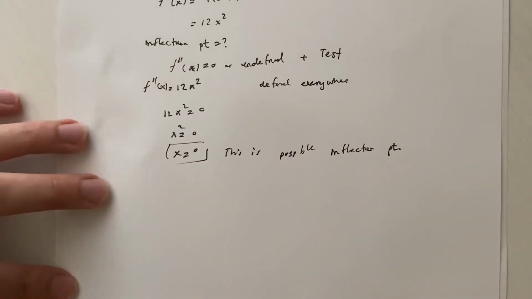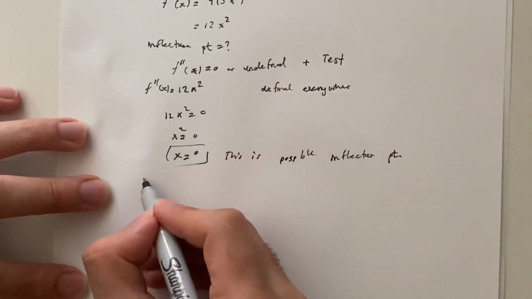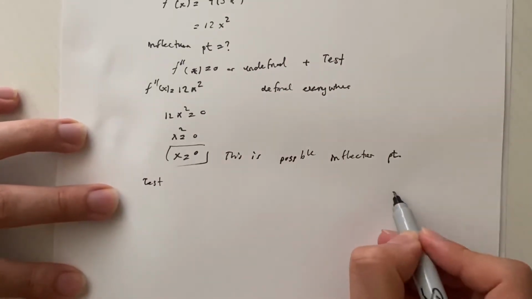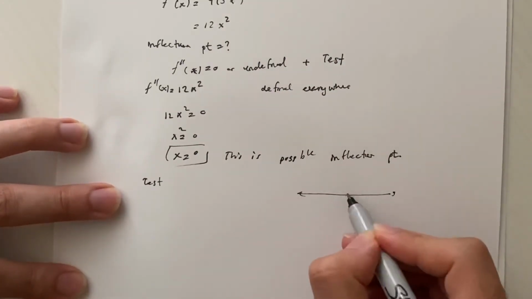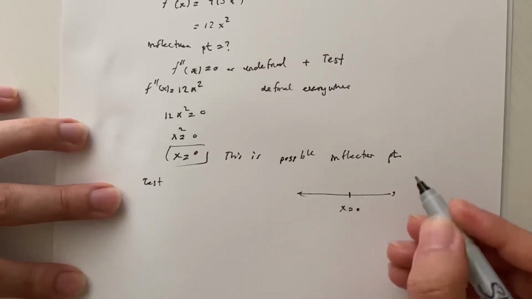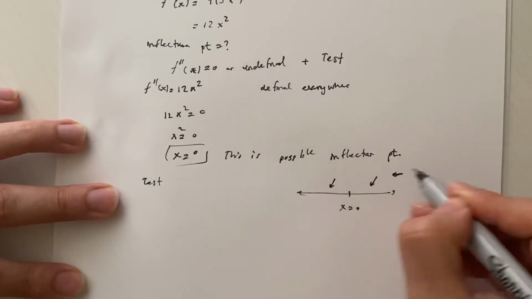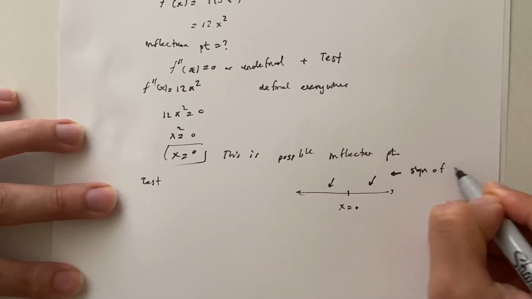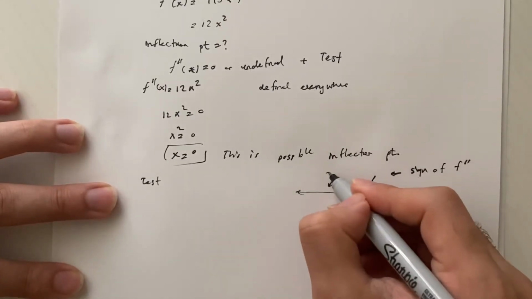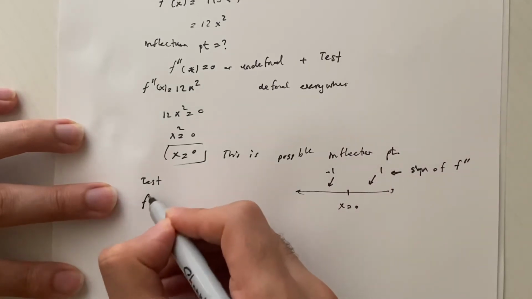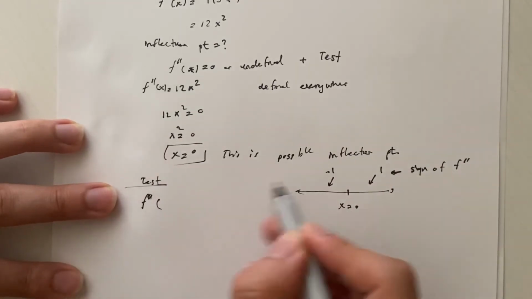So what I'm going to do is draw the x-axis in here. I'm going to mark our possible inflection point. I want to pick values that are larger than our possible inflection point and lower than our possible inflection point. I want to see the signs of the second derivative there. So first, we're going to do 1 and then we're going to do minus 1.